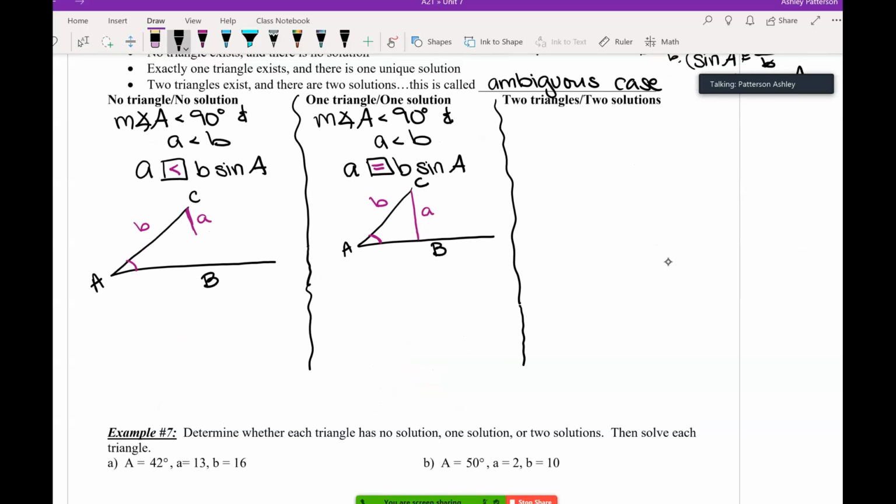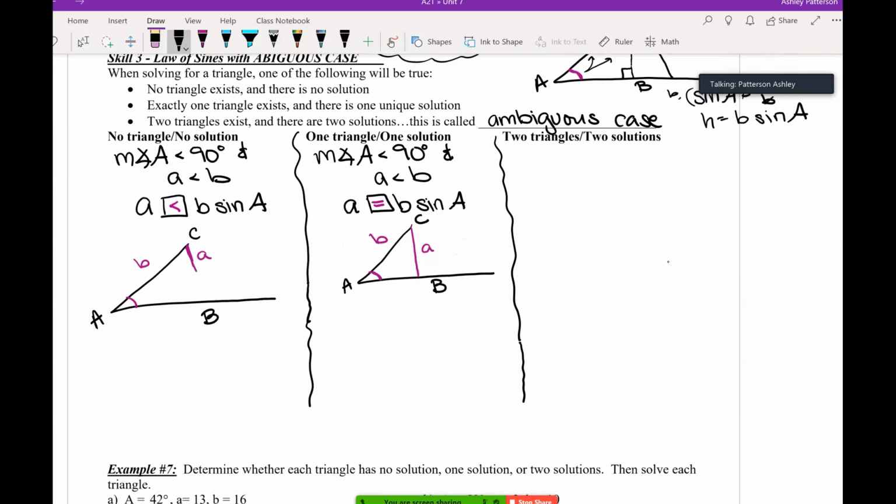Okay, well, what if the measure of the given angle is still acute, right? So it's less than 90 degrees, and the corresponding side is less than that of the non-corresponding side. We've seen it be less than the height. We've seen it be equal to.